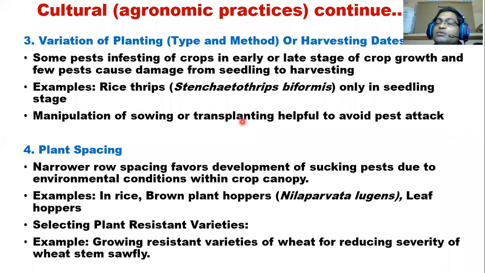Or if you are choosing the transplanting method, then you will plant lightly rather than dense. If you are using some parachute techniques, sometimes in spots it will be dense. If you observe dense planting spots in your field, then you have to remove it.